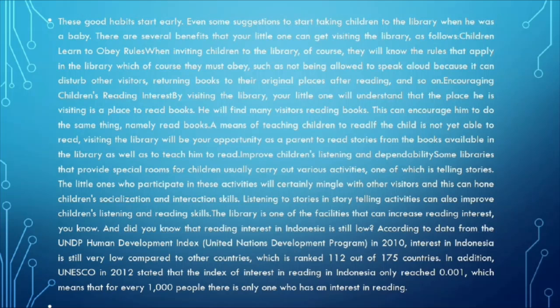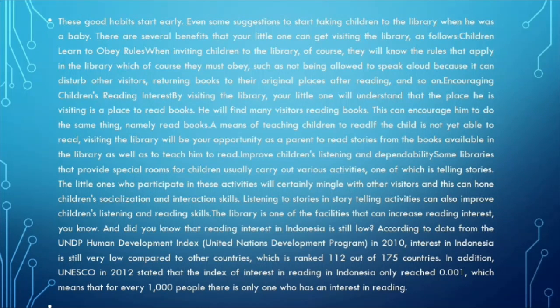When taking children to the library, the children will know the rules which must be obeyed, such as not being allowed to speak in a voice that is too loud because it will disturb other library visitors. Teaching the children to return the books they have taken to their original places after reading neatly.